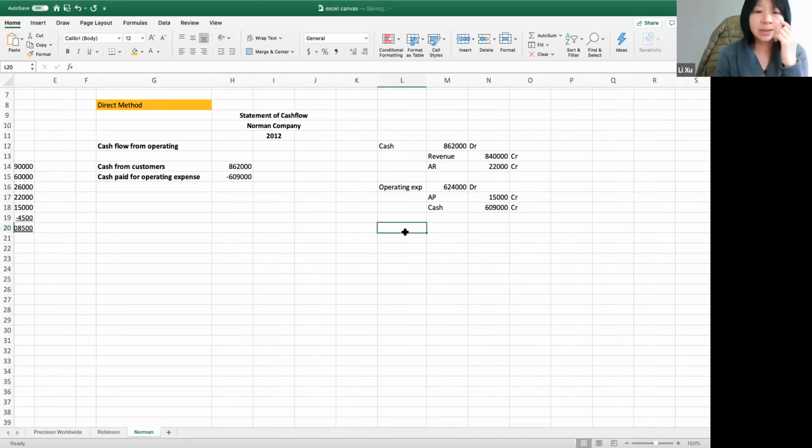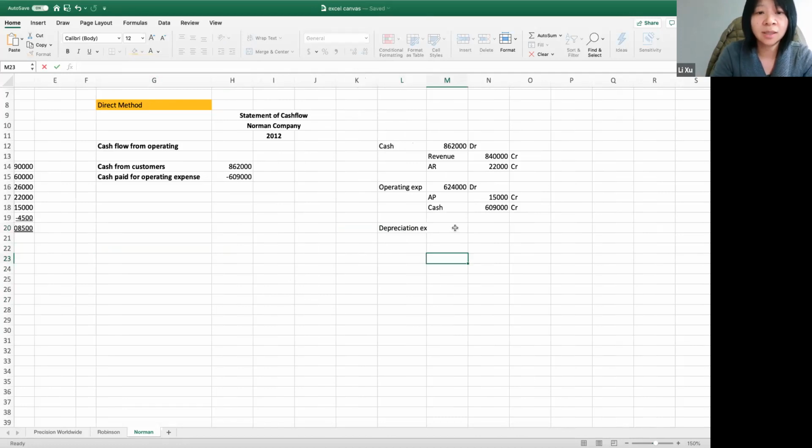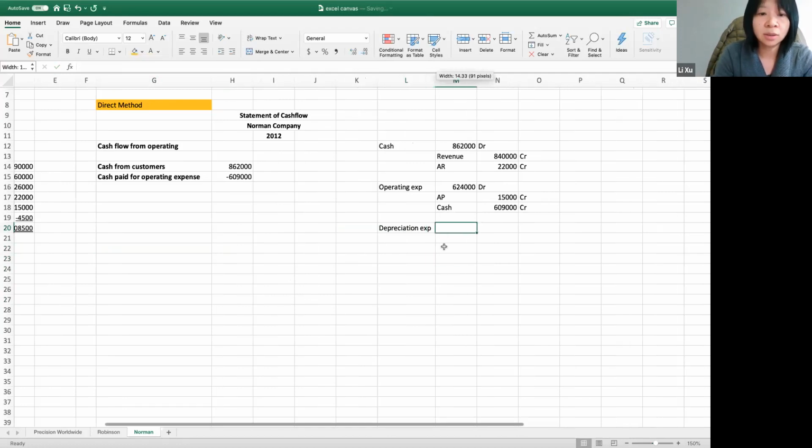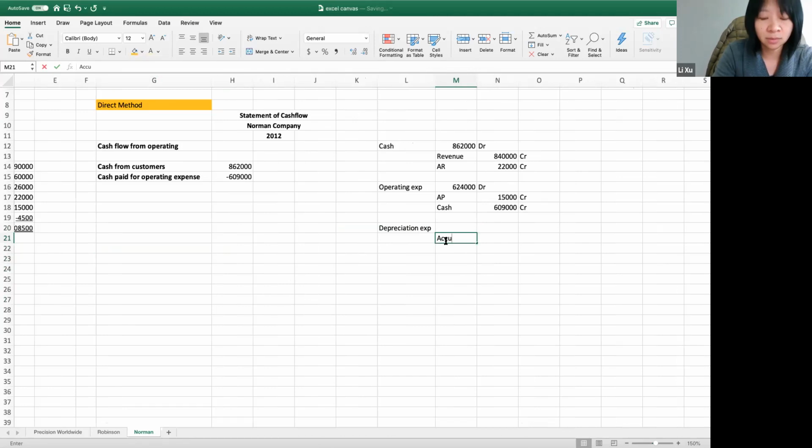But I do want to write out what the journal entry is supposed to be, so you can see why it should have no impact. When we have depreciation expense, what is the normal journal entry? It looks like this: depreciation expense, whatever the number is, and the other side goes to accumulated depreciation. You can see that in this journal entry, there's no cash account.